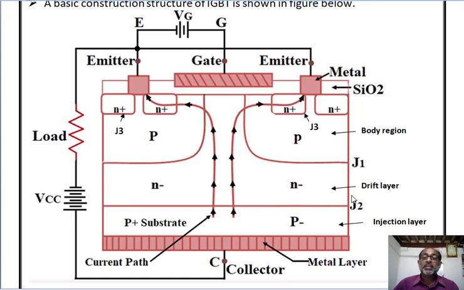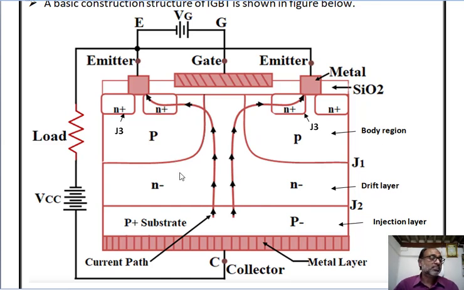This N minus layer is also known as the drift layer, because electrons drift in this N minus region. Some electrons and holes are present in this layer. The other P layer of the IGBT is known as the body region.